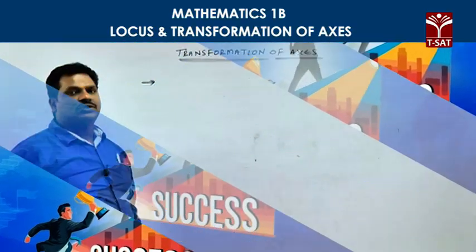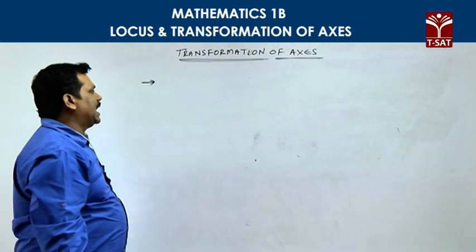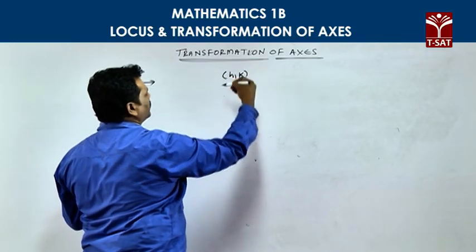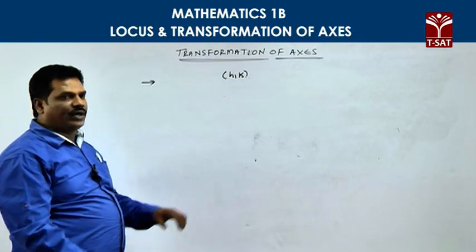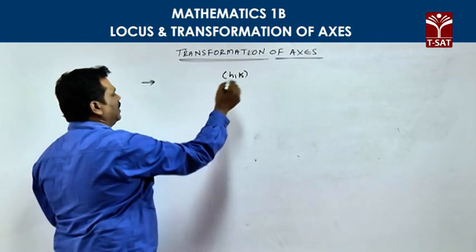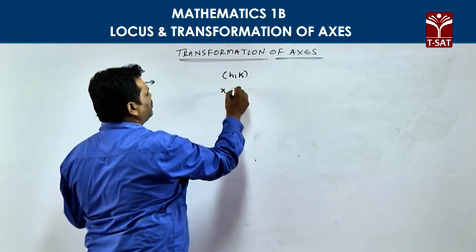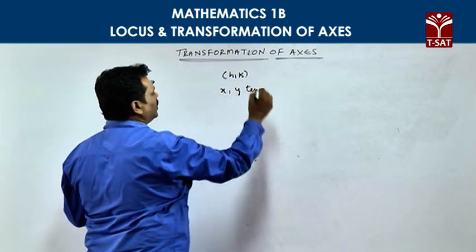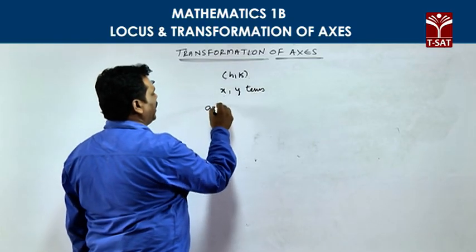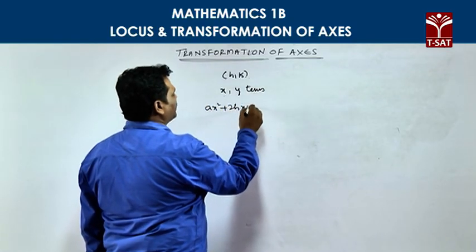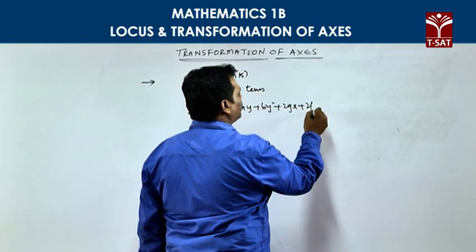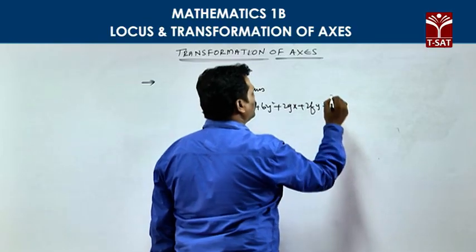Find the point to which the origin has to be shifted, say h comma k, to eliminate the xy terms in the equation ax square plus 2hxy plus by square plus 2gx plus 2fy plus c equal to 0.